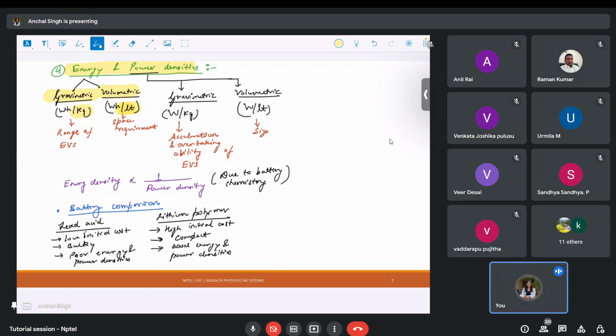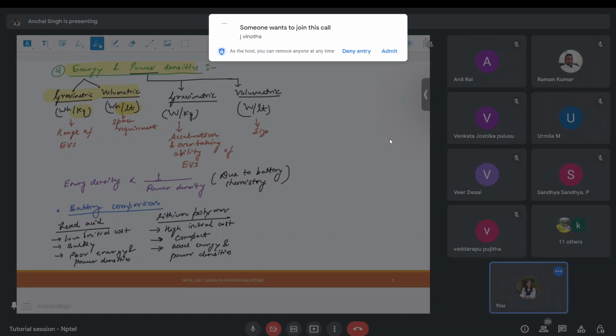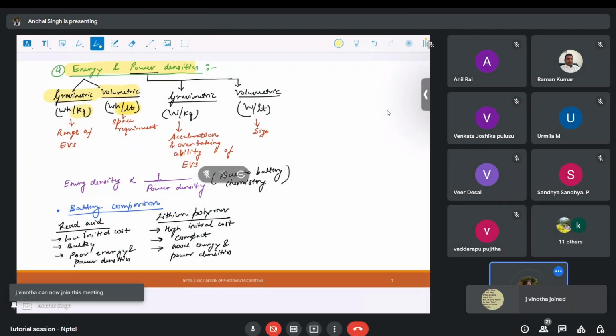Now, what is the significance of these gravimetric and volumetric? If you think about an electric vehicle, how many kg of battery are present on the electric vehicle impacts the range of the electric vehicle. And if you look at the volumetric parameter, the liters tell how much space the battery will be requiring.